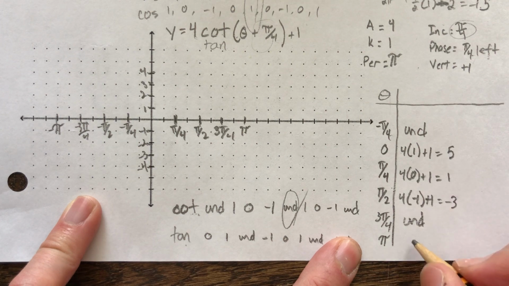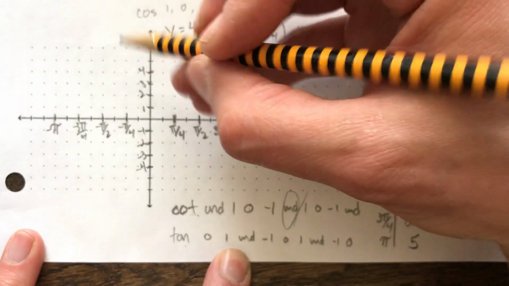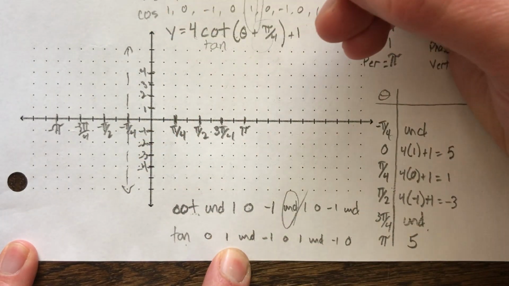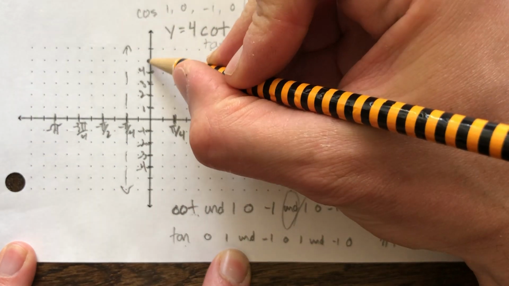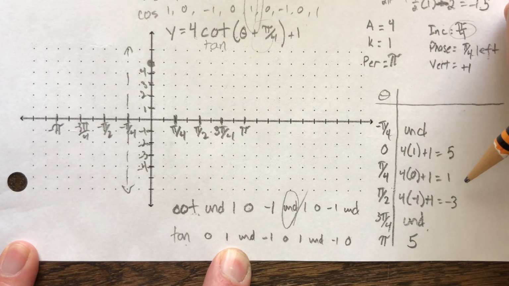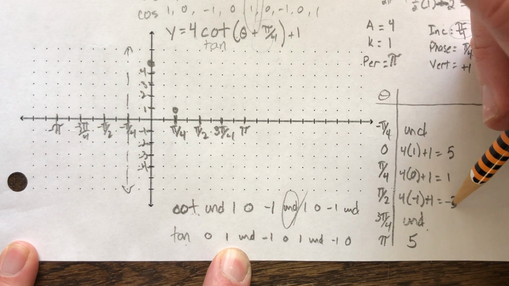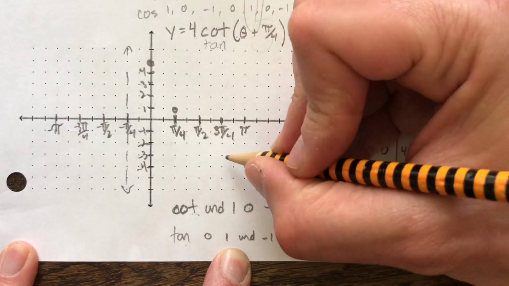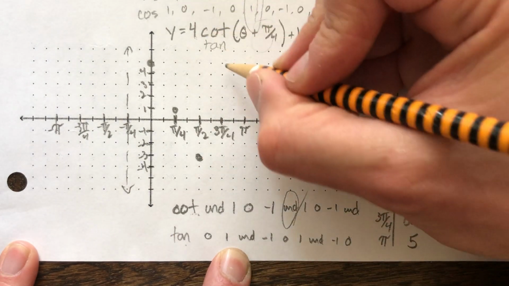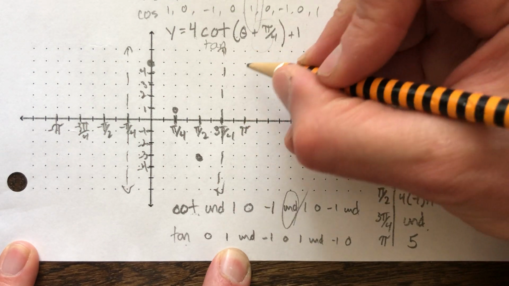Which we already plugged it up here, so we know that's 5. Okay, so negative pi over 4. Good, at 0, we are at 5. At pi over 4, we are at 1. At pi over 2, we're at negative 3. And then we're undefined. And then at pi, we are back at 5.